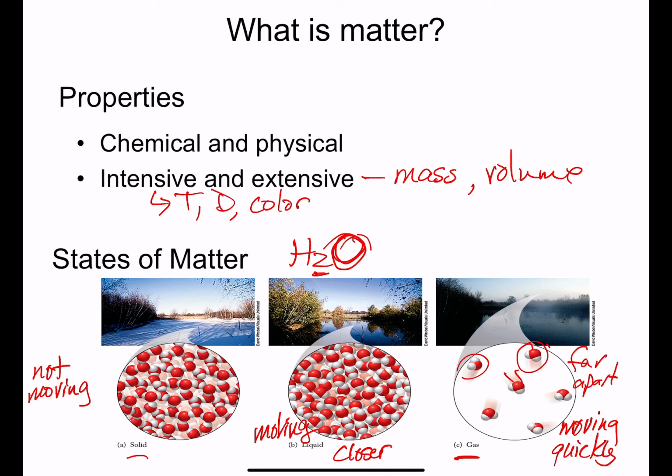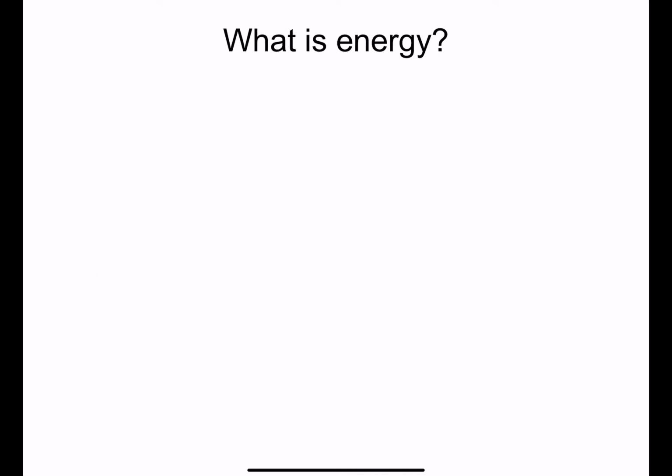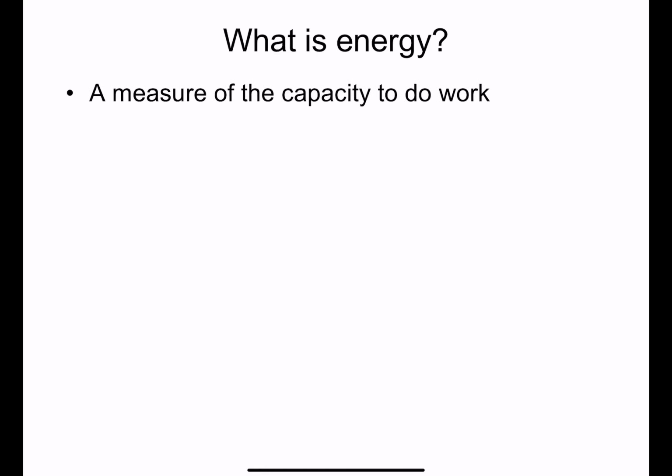The other thing we talked about was energy. So what is energy? Energy is a measure of the capacity to do work. So we're thinking about how, in a practical way, we can define energy.